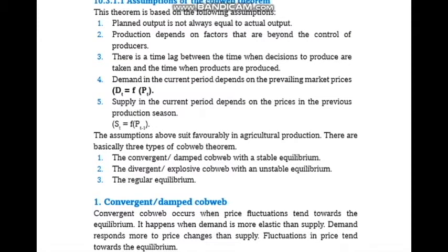Planned output is not always equal to actual output. Production depends on factors that are beyond the control of producers. That is, the planned output, what they plan to harvest, is not equal to the actual output. If farmers plan to get 10 tonnes, they may end up with about 5 tonnes or even more.